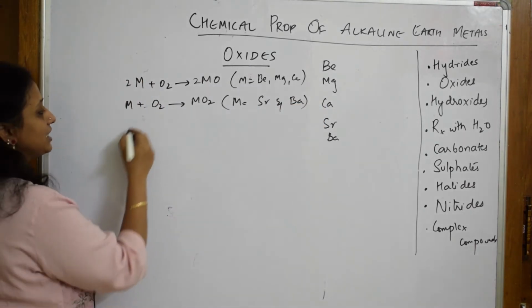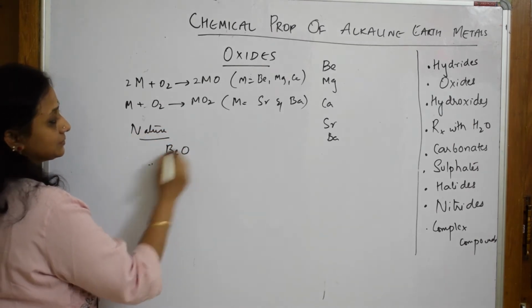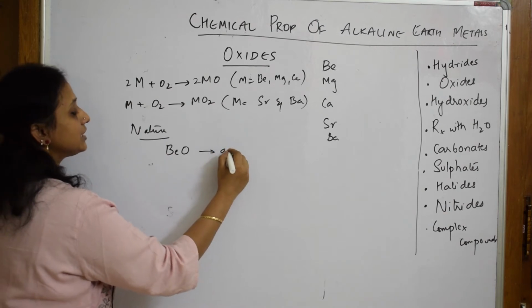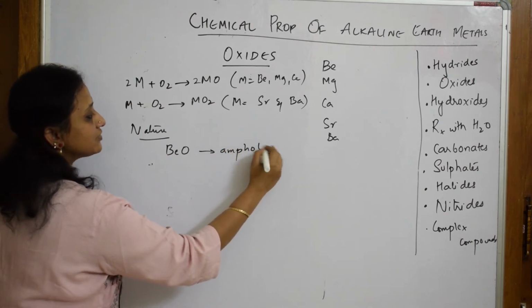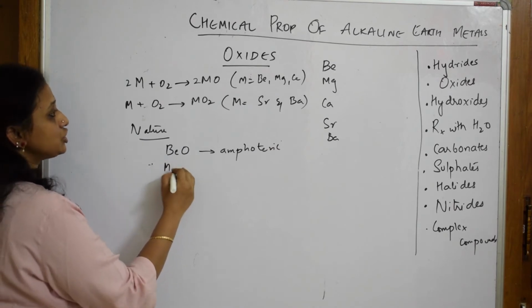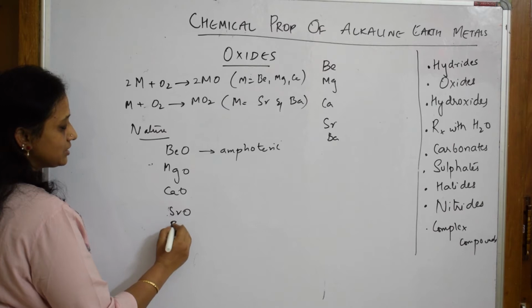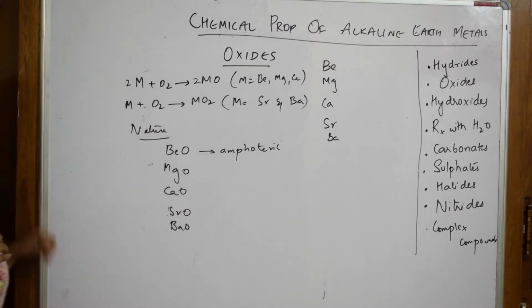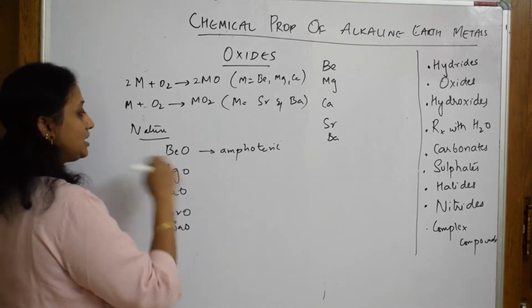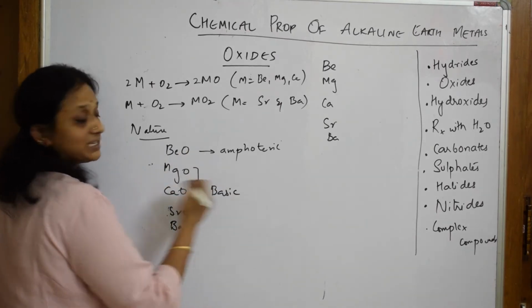Now what is the nature of these oxides? Beryllium oxide is amphoteric in nature. Amphoteric means it reacts with both acid and base. Next, magnesium oxide, calcium oxide, strontium oxide, barium oxide: the valencies +2 and -2 get cancelled, and all the remaining ones are basic oxides.